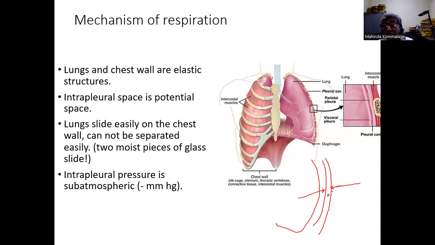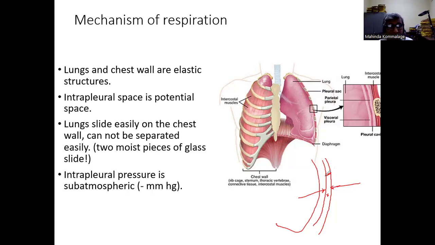There is a very thin space between these two layers. Even though we say thin space, actually these two layers attach to each other, so we cannot really call it a space. Therefore we call it a potential space.